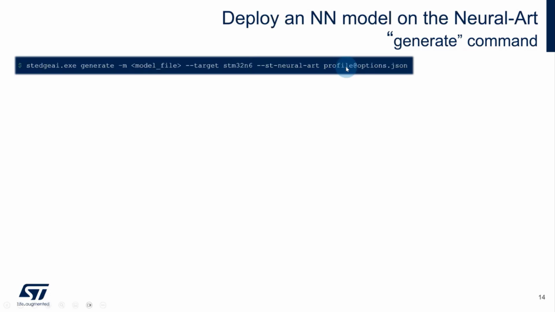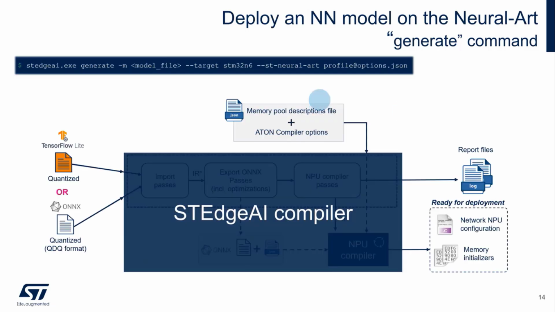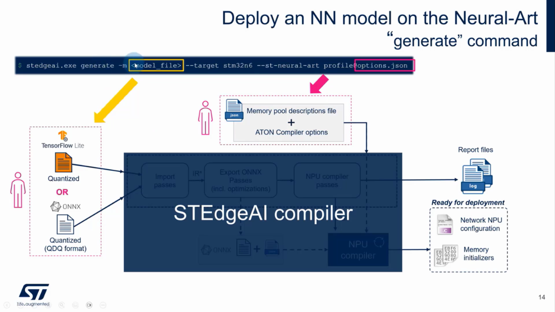It can be, of course, in scripts, but if you call it manually, that's what I will do during the lab. This is the command line. And what is behind is that, as input, you give a quantized model, either in TF-Lite format or in ONNX format. And the other inputs are a memory pool description and add-on compiler options.